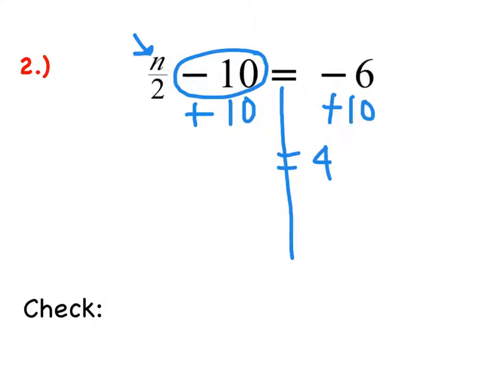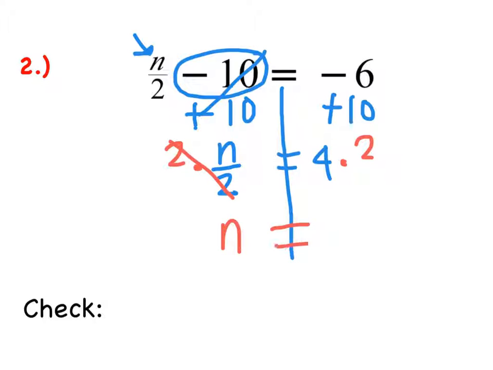Positive and negative 10 cancels out. So I'm left with n divided by 2. Now, if I multiply both sides by 2, the 2's cancel out, so I'm left with n on this side, and I'm left with 8 on this side.